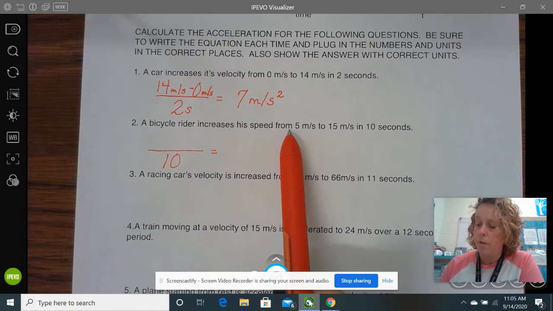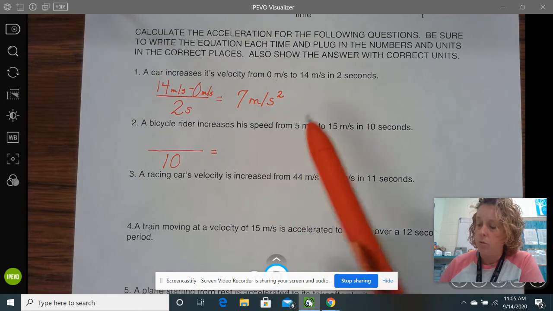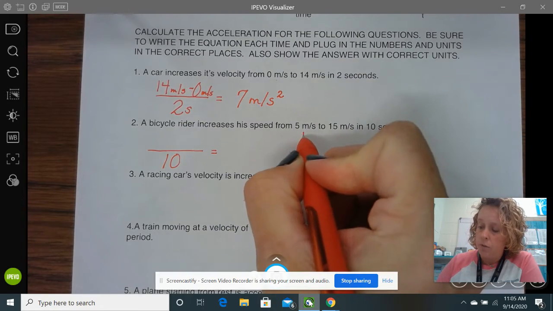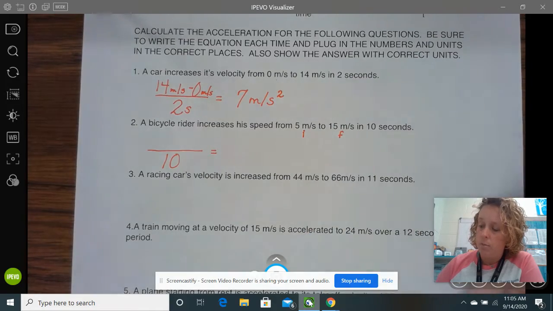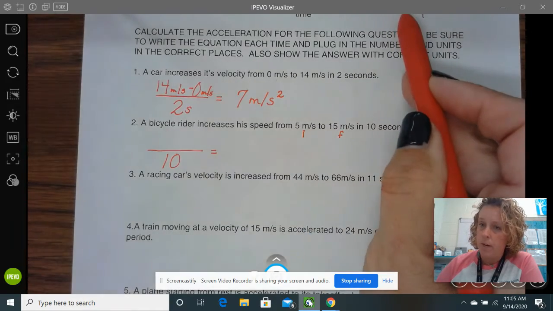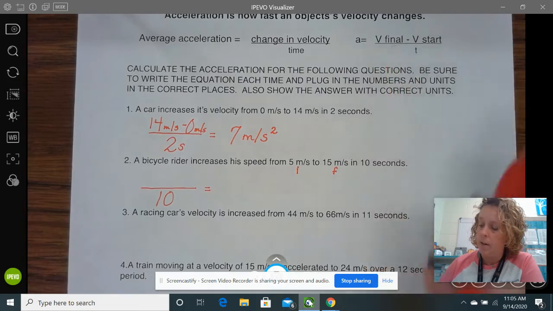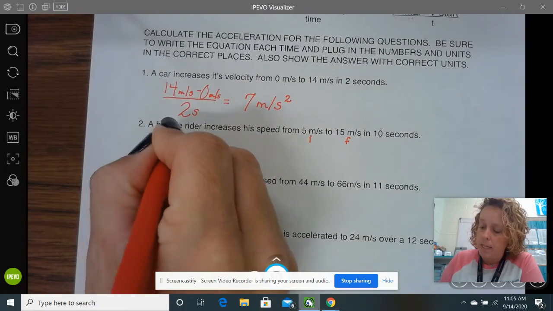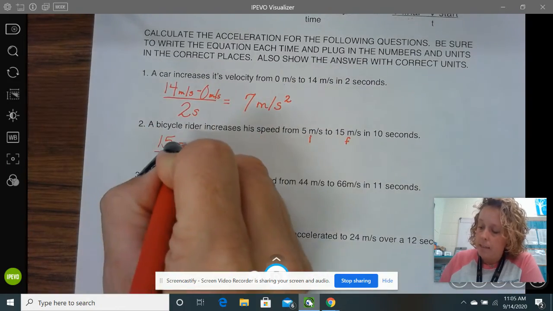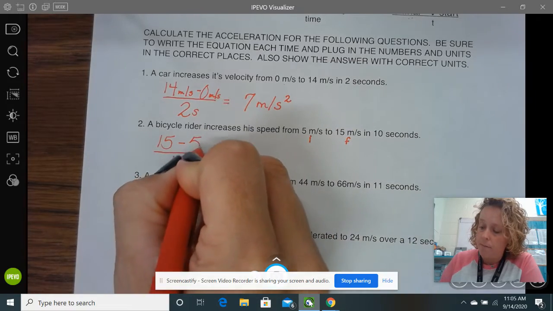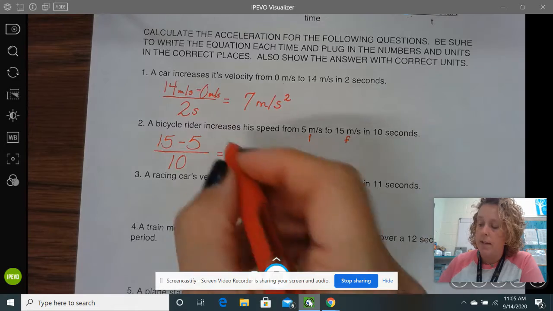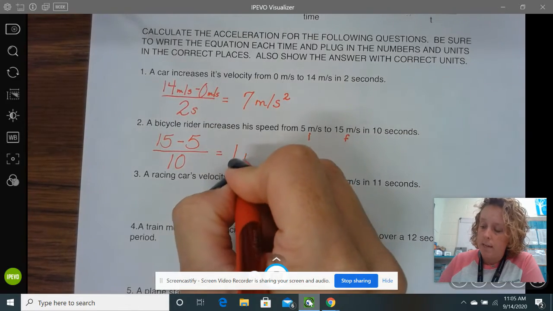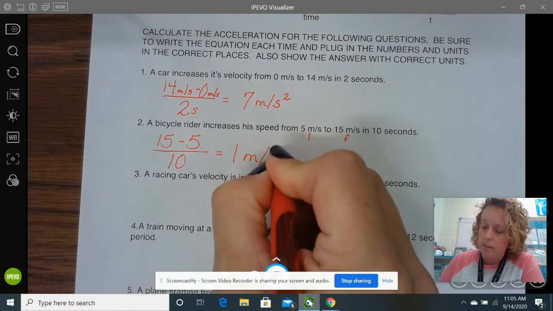Increases his speed from 5, which would be initial speed, to 15, which would be final. Final goes first, as you can see here. Final speed 15 minus 5, so 15 minus 5, 10. 10 divided by 10 would be 1 meter per second squared.